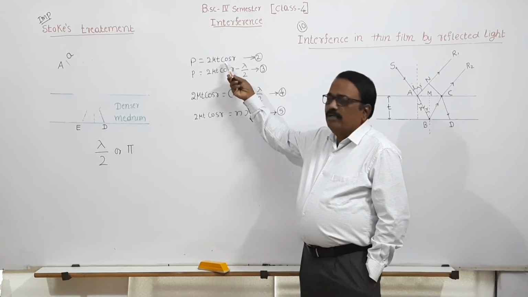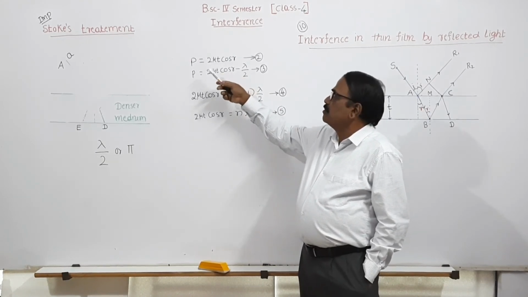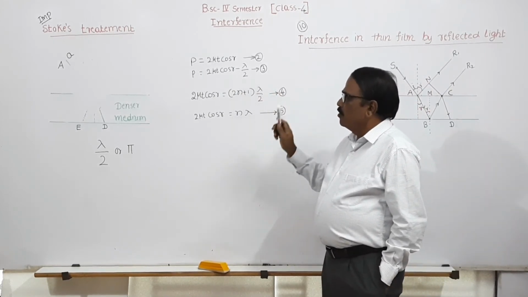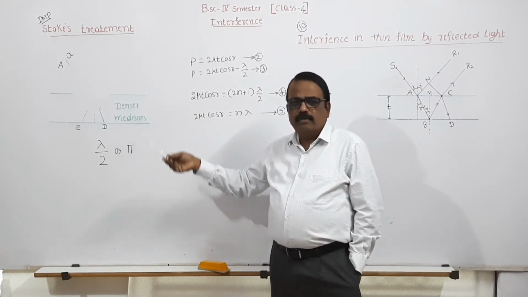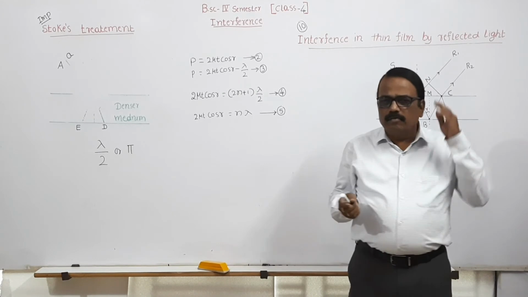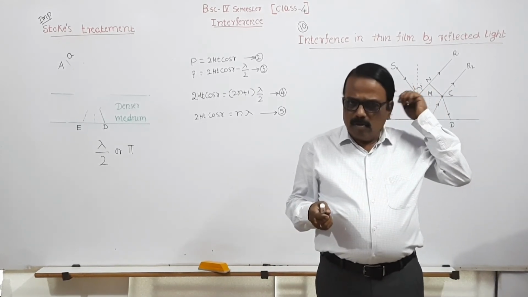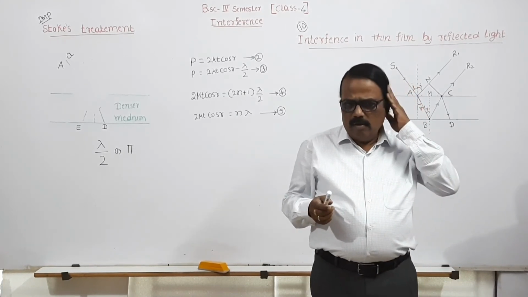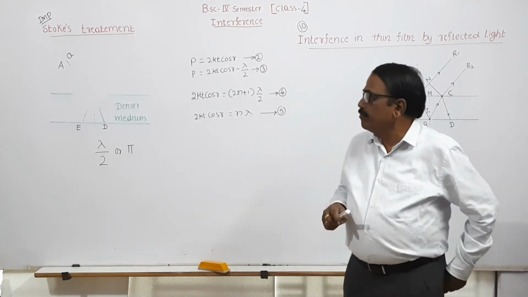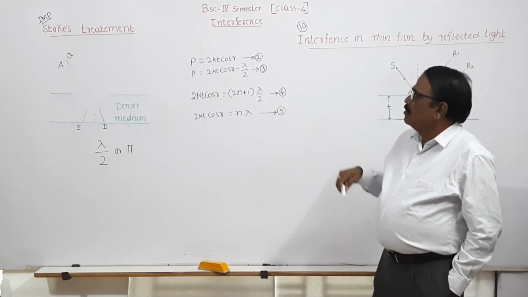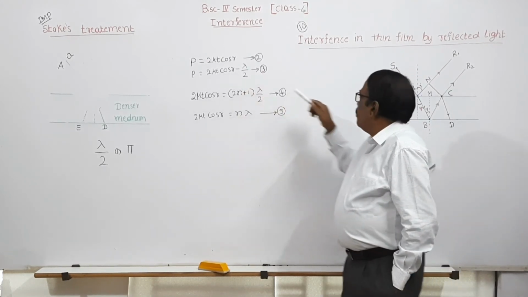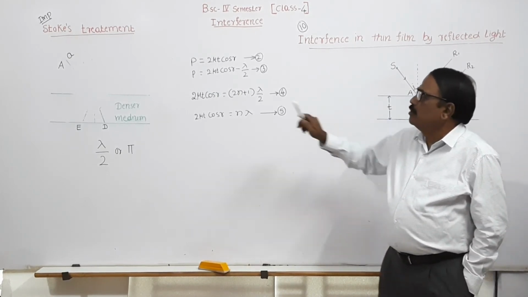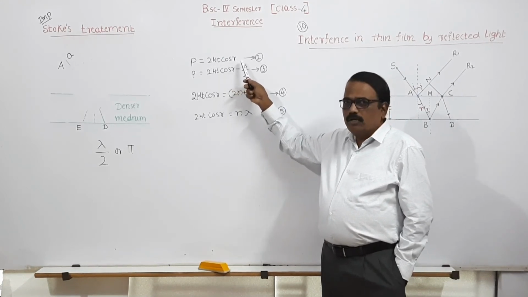See, we have first derived the path difference between the two waves in the case of reflected system, that we got p is equal to 2 mu t cos r.